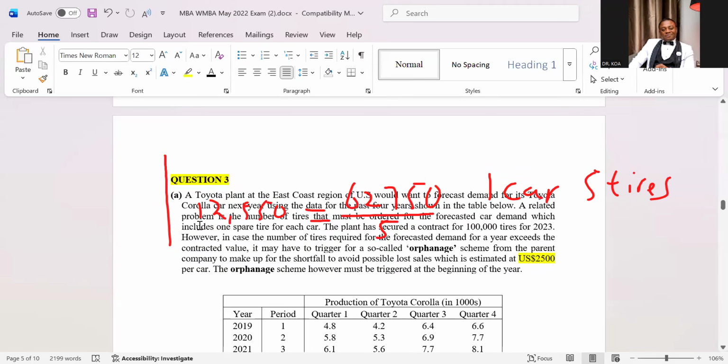If we don't sell one car, we will lose $2,500. If we don't sell the second car, we lose $5,000. If we don't sell the third car, we will lose $7,500. Are you getting the point?